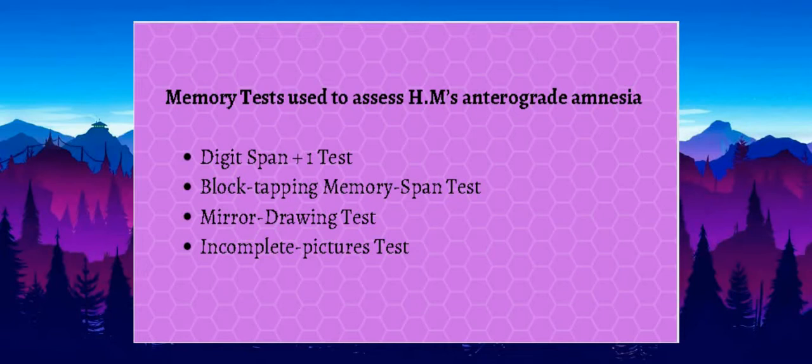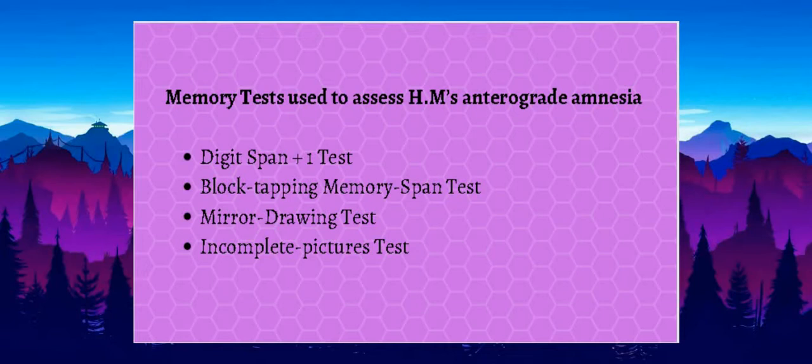In order to characterize HM's anterograde memory problems, researchers began by measuring his performance on objective tests of various kinds of memory. This subsection describes 5 tests that were used to assess HM's long-term memory.